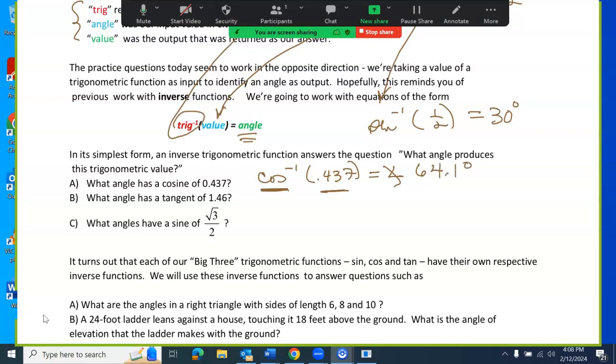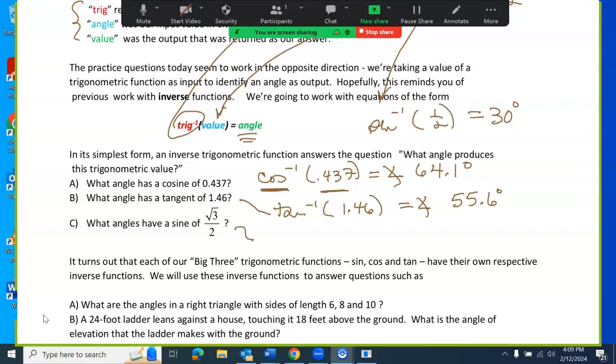And the angle is 64.1 degrees. Next one, what angle has a tangent of 1.46? That's the value. So to get the angle, I'm going to say the tangent inverse of 1.46 is going to equal some angle. I put that in my calculator, and the angle I'm getting back in degrees is 55.6 degrees.